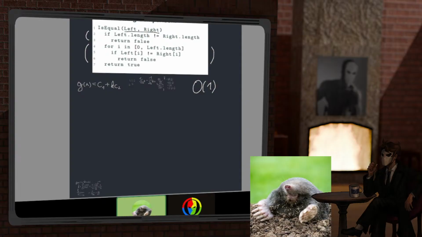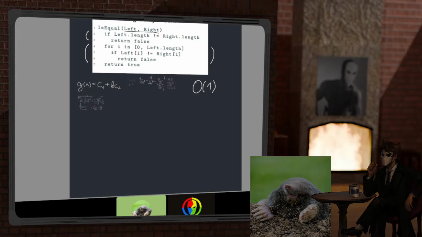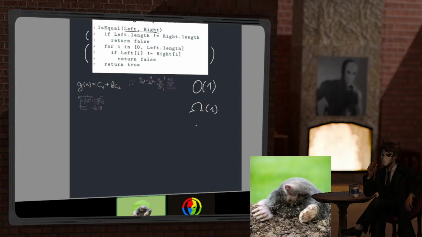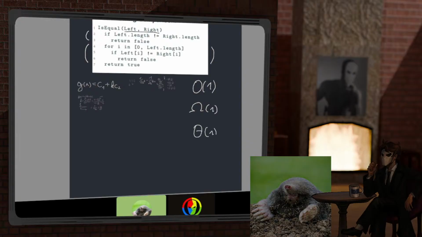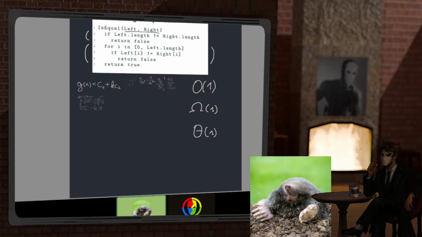O of 1 is actually the smallest possible order you could get. There's no O of 0, for example. So if it is in O of 1, it is also in omega of 1. And so it is in theta of 1. That was the average case. So essentially, on average, we will only compare one, maybe sometimes two characters.